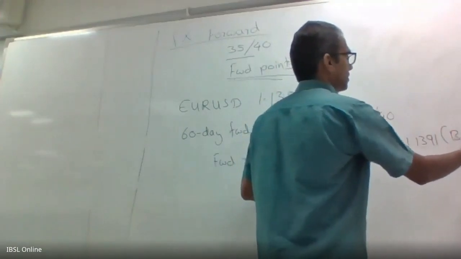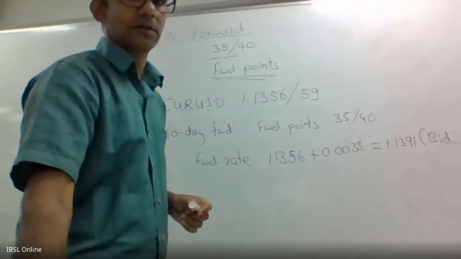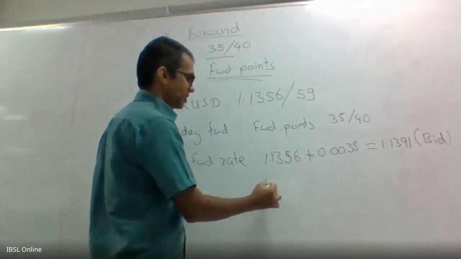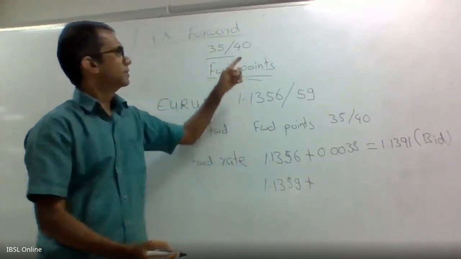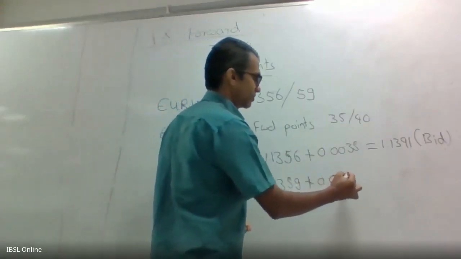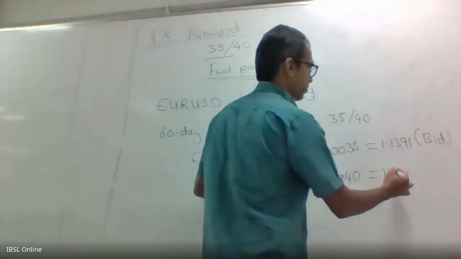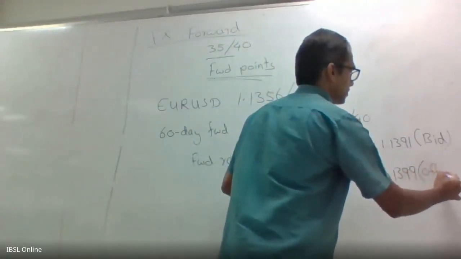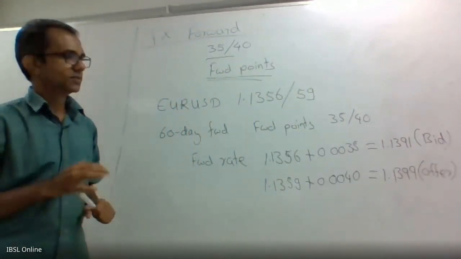This is the bid rate of the forward rate. To get the offer, take 1.1359 and add 40 points. 40 points means 0.0040. You get 1.1399. This is the offer.